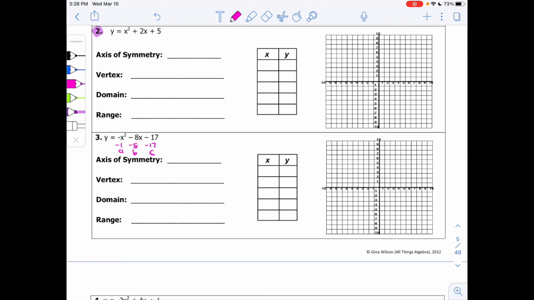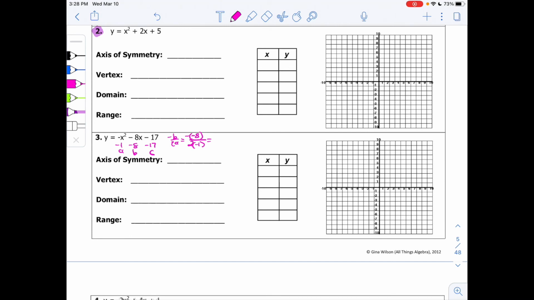Finding your axis of symmetry, -b over 2a, that's -(-8). So we have two negatives here. We have a negative from our formula, and then we have a negative because b is -8. That's over 2 times -1.